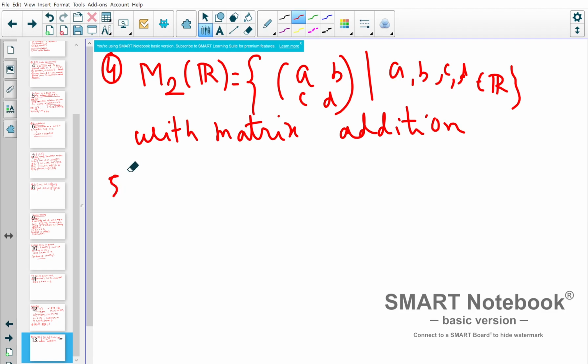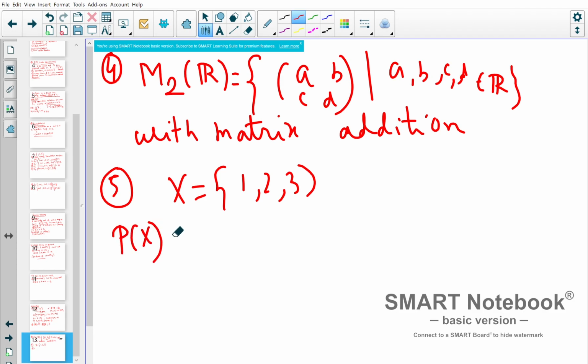You can have permutations. Let me just define it. Suppose I have the elements 1, 2, 3, and then some people define the permutation group on X by this symbol, or some people define S_X also by this.